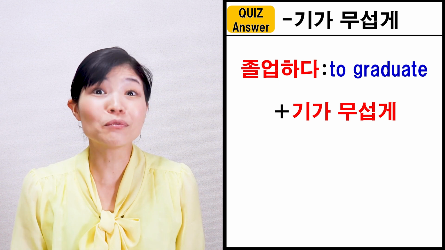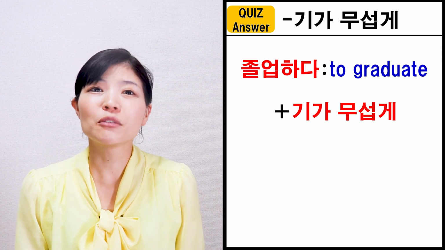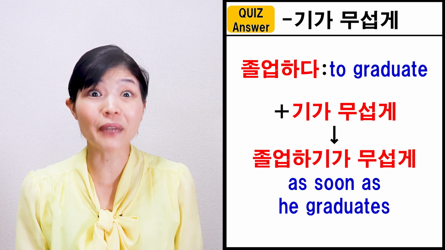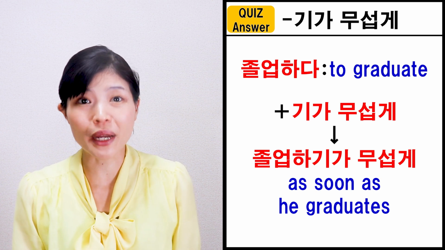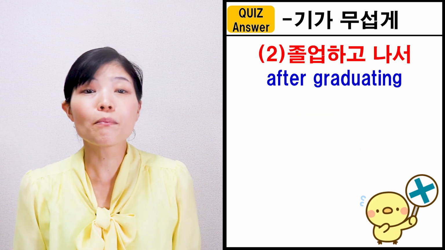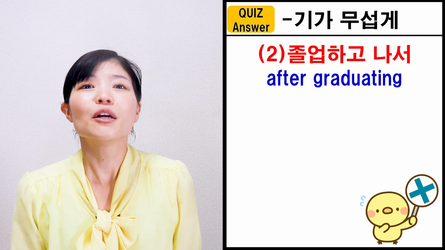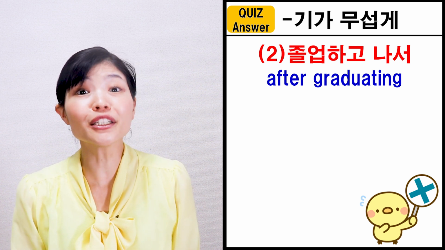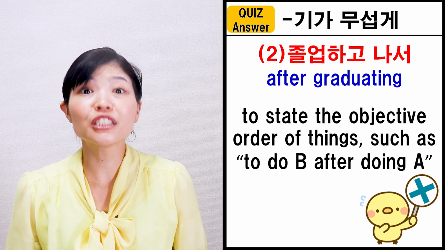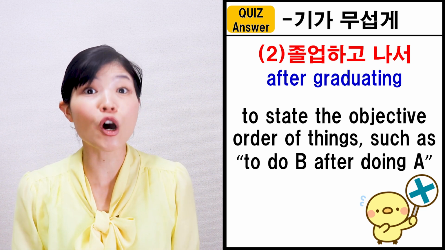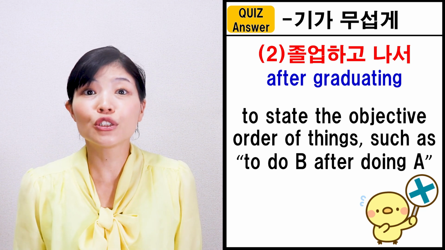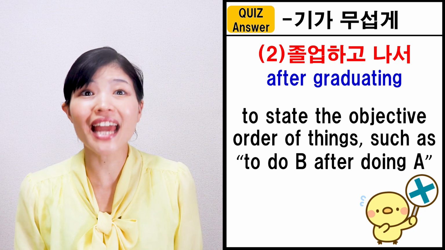You add 기가 무섭게 to the stem to make 졸업하기가 무섭게 as soon as he graduates. Number 2, 졸업하고 나서 is wrong because it means after graduating. You use this grammar to state the objective order of things, such as to do B after doing A.